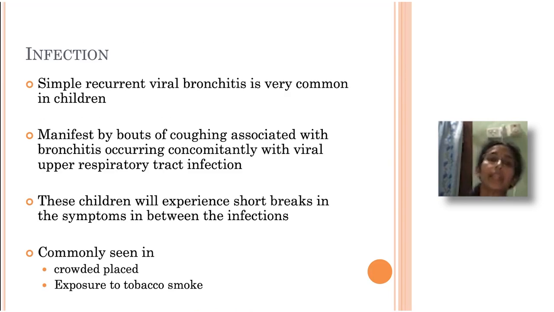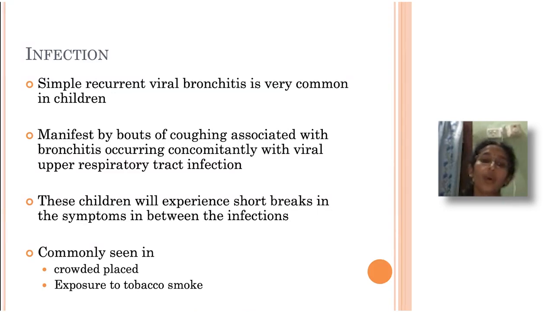When we consider infection, simple recurrent viral bronchitis is very common in children. They manifest with bouts of coughing associated with bronchitis occurring concomitantly with a viral upper respiratory tract infection. These children will experience short breaks in the symptoms in between the infections.